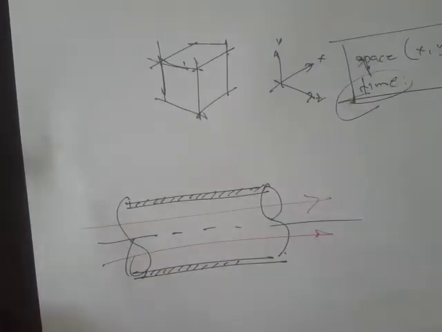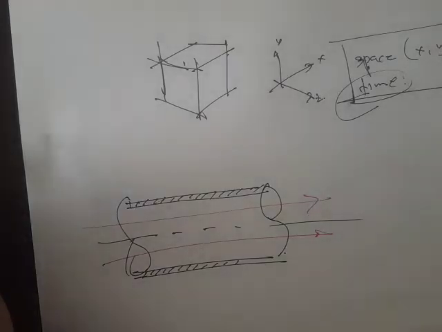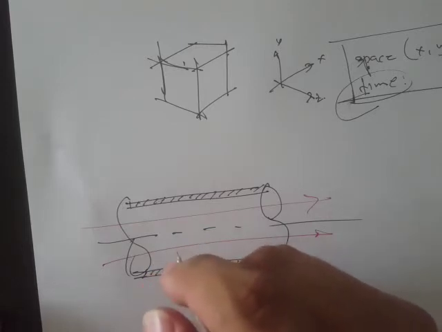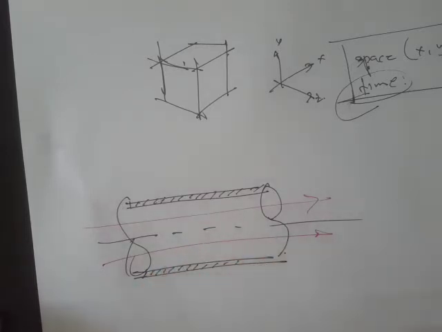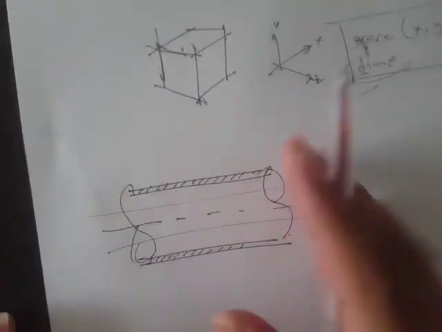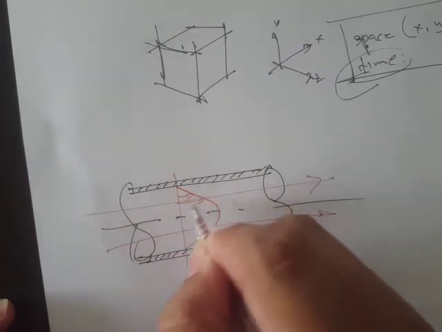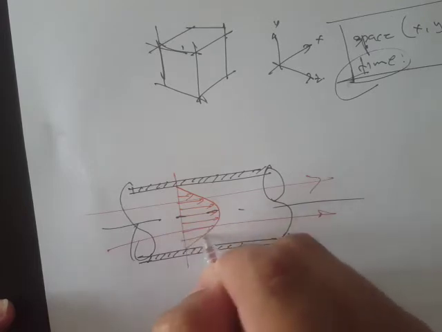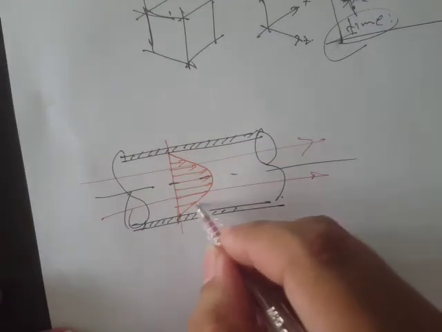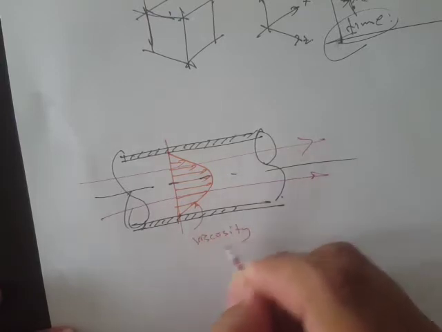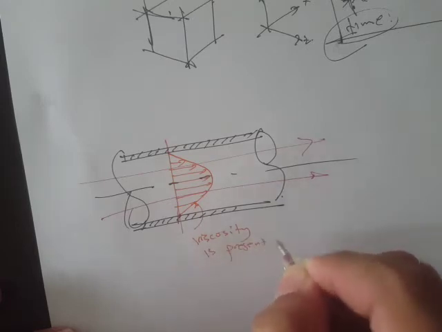Now, if we want to draw the velocity profile, and if we consider a viscous fluid, so when we say viscous fluid, we have to consider the existence of the shearing stresses, then the velocity profile would be something like this. Okay, so we have a non-uniform velocity profile. Okay, so again, this is the velocity profile if we have to consider the viscosity. Viscosity is present, or let's say is considered.